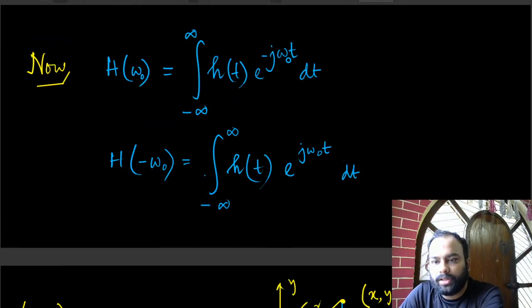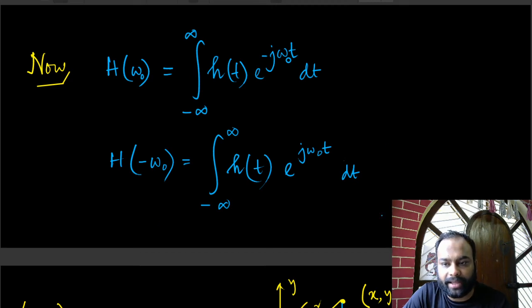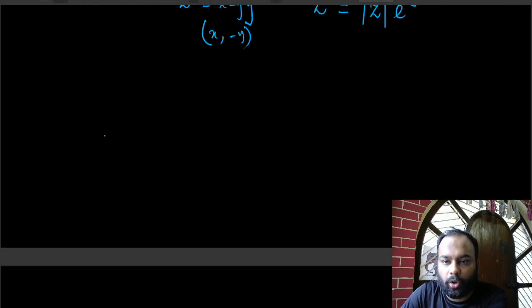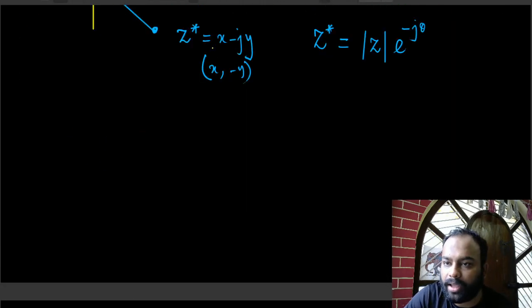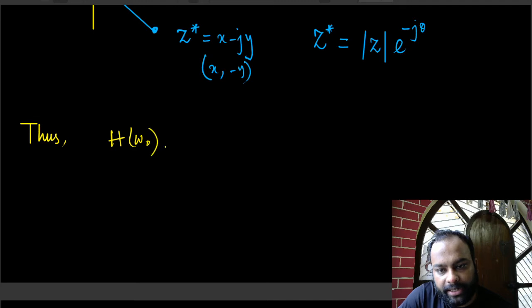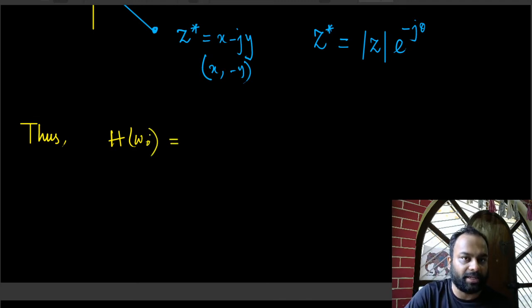Okay. So with that said, this complex number H omega naught, for example. Moments ago I wrote that H omega naught, so try to understand. H omega naught is a complex number, right? It's a complex number, right?